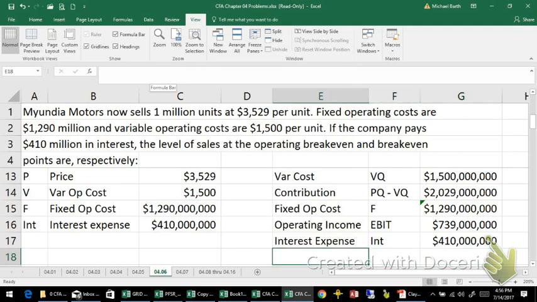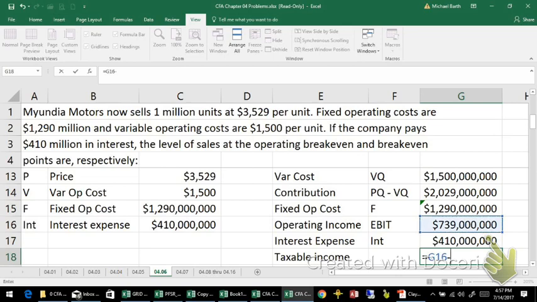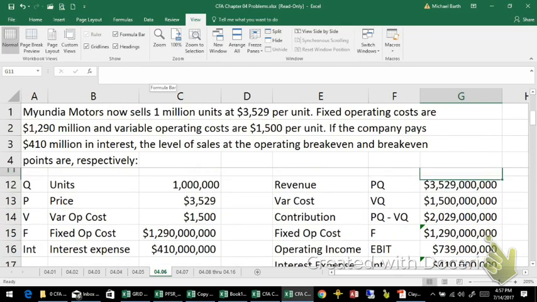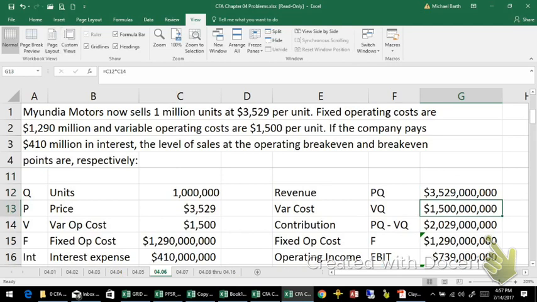Alright, so that would give us taxable income of 329.